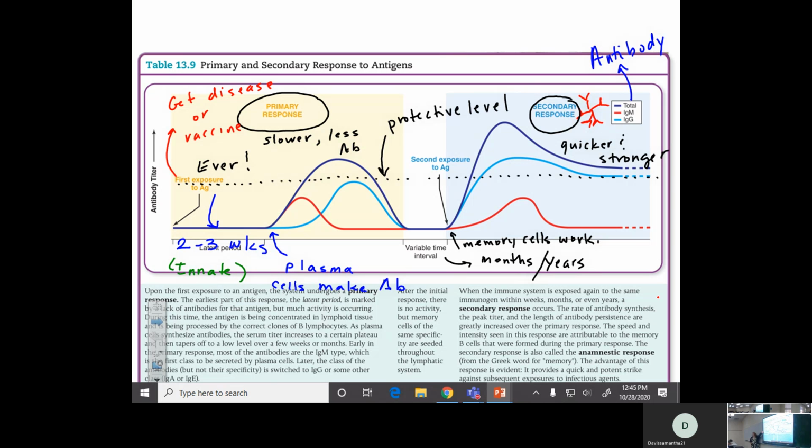Either way, that would be the first exposure. So what we would like is for most people's first exposure to SARS-CoV-2 to be through a vaccine and not from the environment. That's the hope.